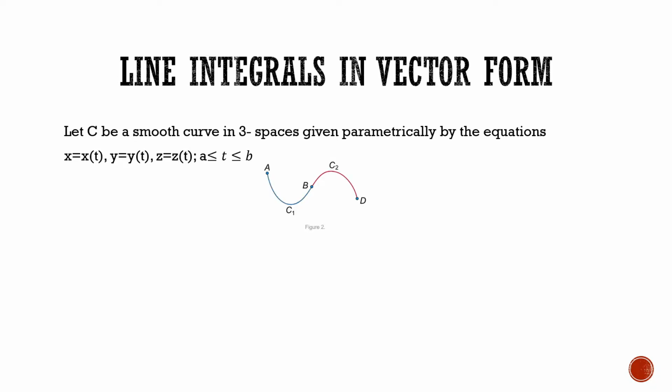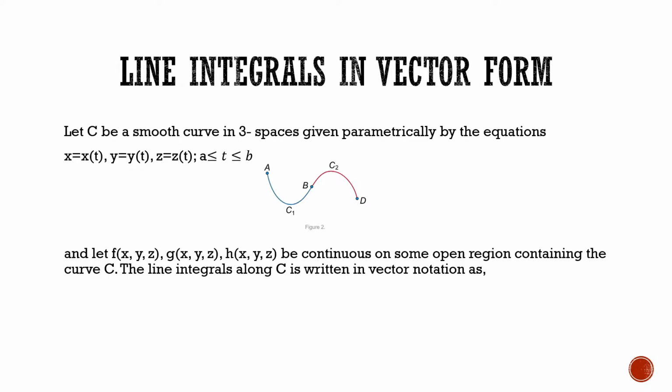This is the smooth curve. Then let f(x,y,z), g(x,y,z), and h(x,y,z) be continuous on some open region containing the curve C. Then we can write the vector field along C in vector notation as F(x,y,z) equals f(x,y,z) i plus g(x,y,z) j plus h(x,y,z) k.